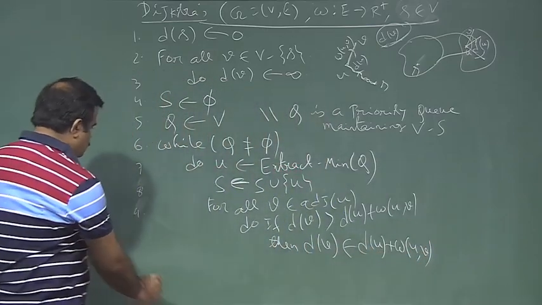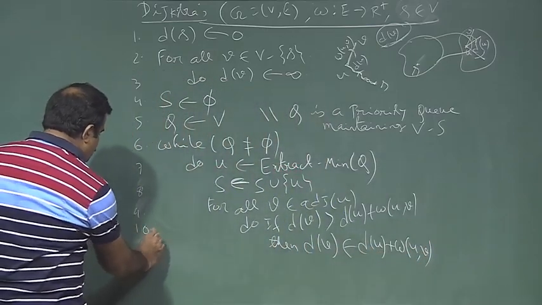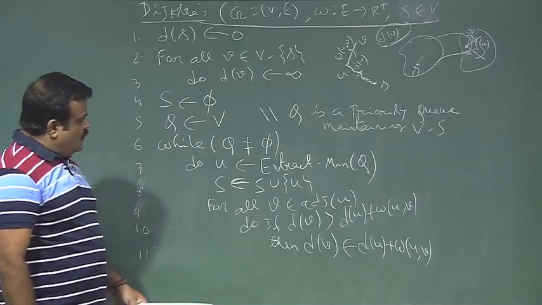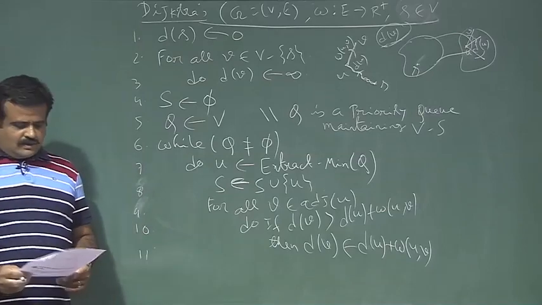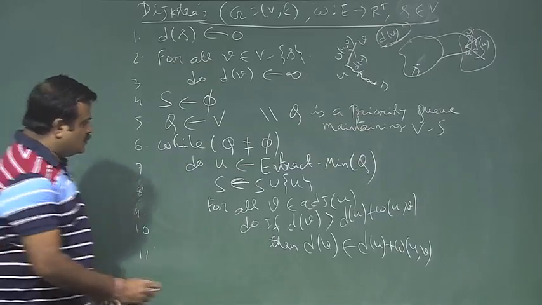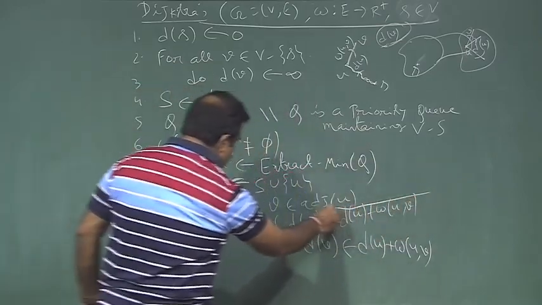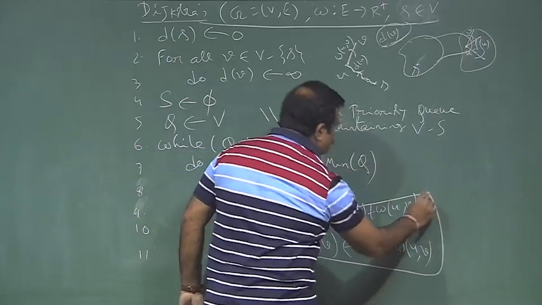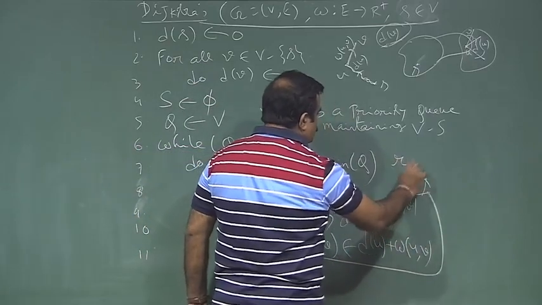Okay. So, this is line 10 and this is line 11. That is it. This is the pseudocode for Dijkstra's algorithm. This step is called the relaxation step.